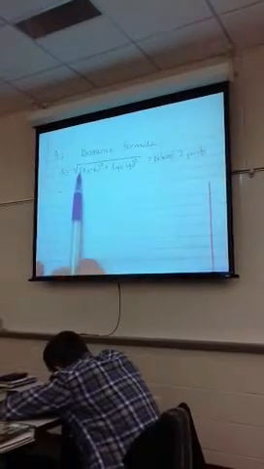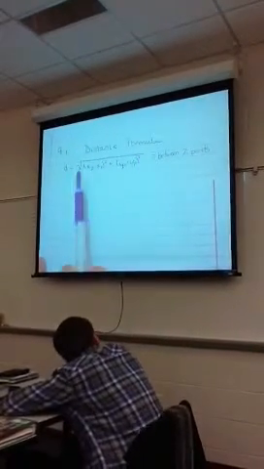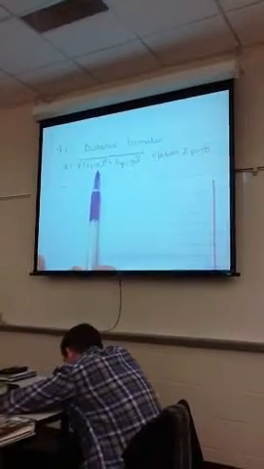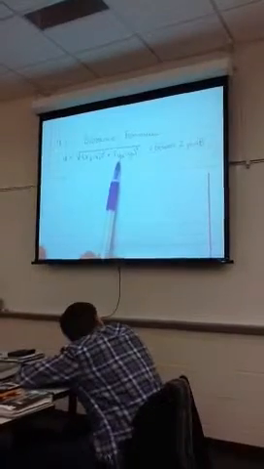So to find the distance between any 2 points, we can take the square root of the x value in one of the points minus the x value in the other point and square that, plus the y value in one of the points minus the other y value and square that. So if, for example, we have 2 points, remember our points are always written x, y.